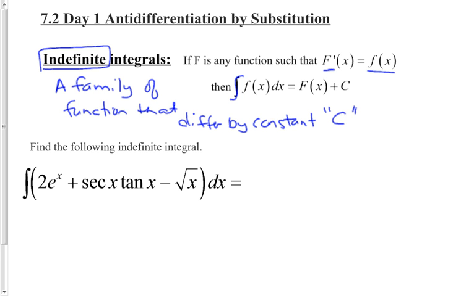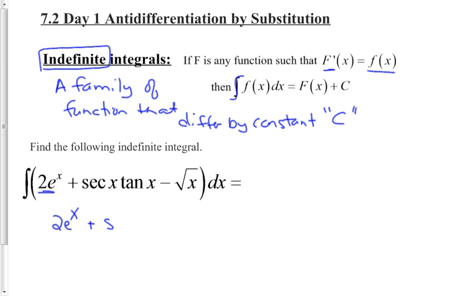All right, well, let's go ahead and do some indefinite integrals. We're going to start with some easy ones. Hopefully most of the time, we can just look at the problem and think in reverse. What do I take the derivative of to get 2e to the x? Well, that would just be 2e to the x. And then what do I take the derivative of to get secant times tangent?